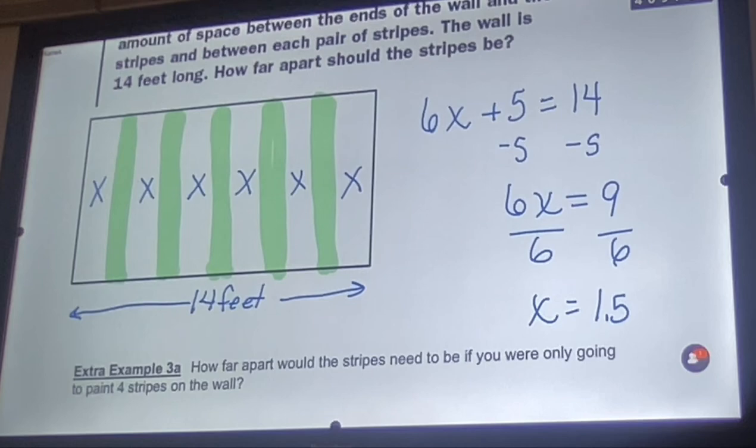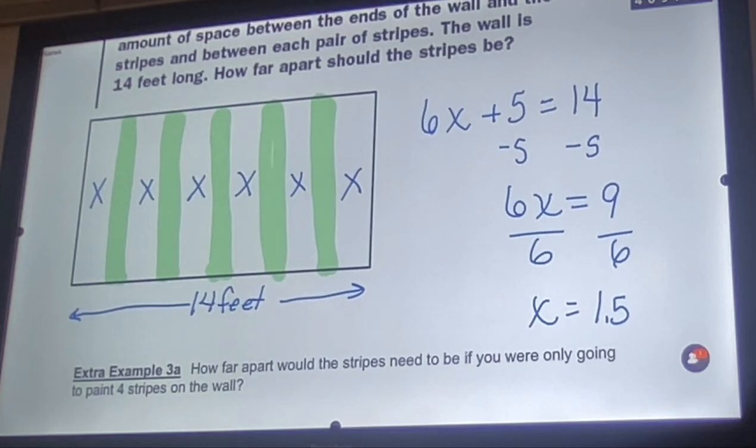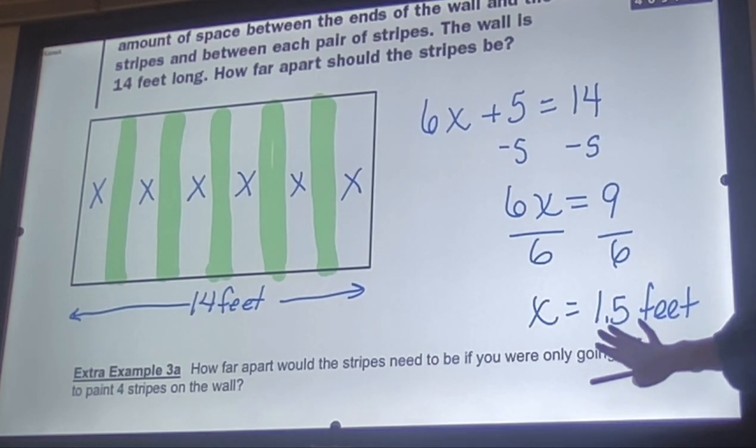So the question says, how far apart should the stripes be? Well, they should be 1.5 feet apart. So now my wall isn't going to look wonky because one stripe isn't closer to the other. Each one of those foot-wide stripes will be 1.5 feet apart so that everything looks nice and organized.